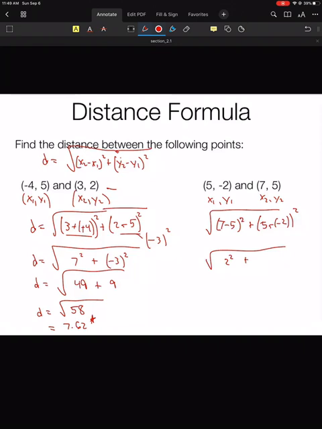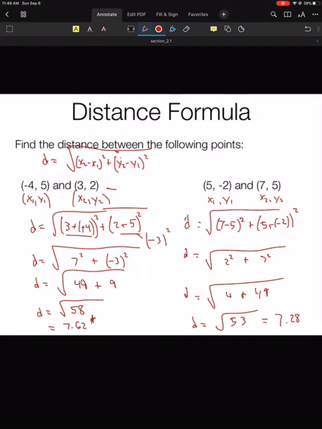Okay, that comes down to 2 squared plus 7 squared. And that's 4 plus 49. So the distance is the square root of 53, which is 7.28.